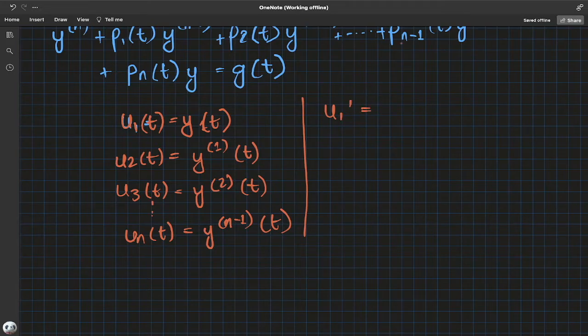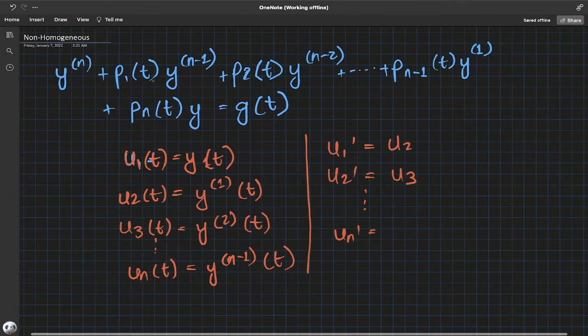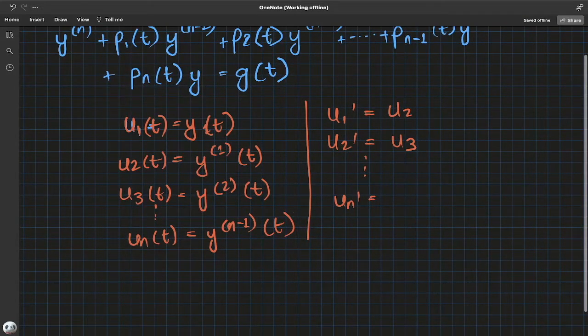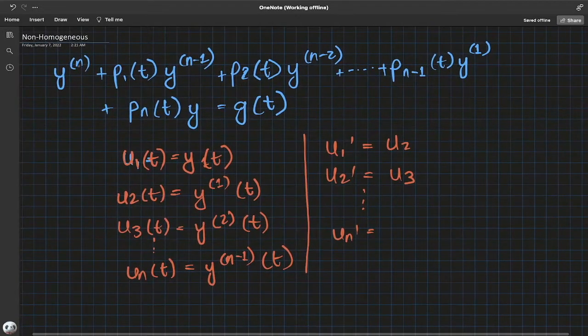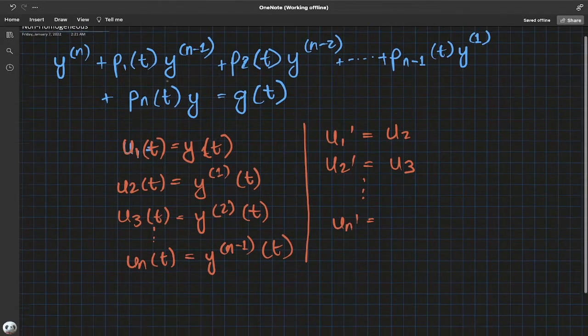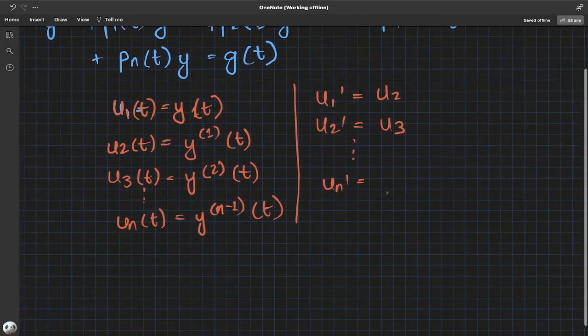u1 prime is u2, u2 prime is u3, un prime is just, well, un is the n minus first derivative, un prime will be the nth derivative, and we can sort of make the nth derivative of y the subject of this equation. So you get negative of all these guys.